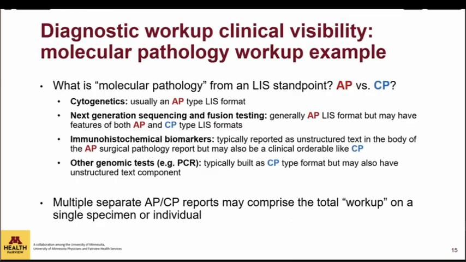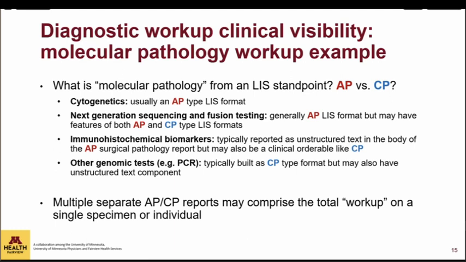So for an example, with molecular pathology, if we consider oncologic molecular pathology, apart from the larger conversation of what comprises molecular pathology in terms of the genomic workup that is needed to be able to care for a patient for a specific condition, we also consider this from an LIS standpoint in terms of what is molecular pathology.